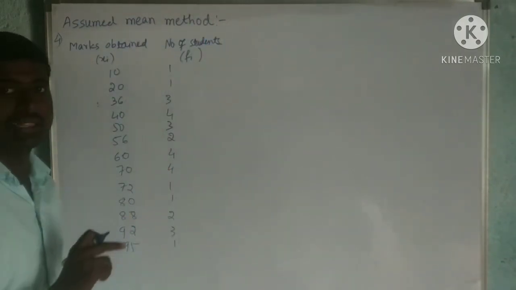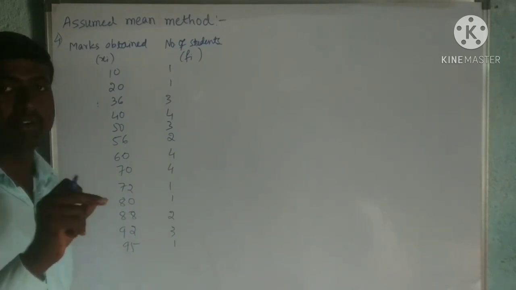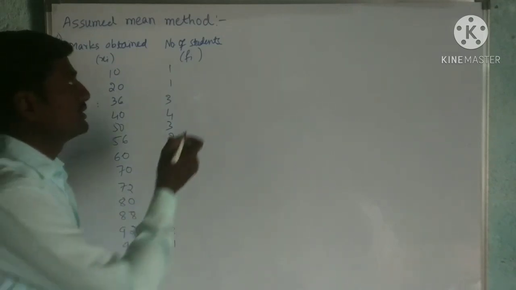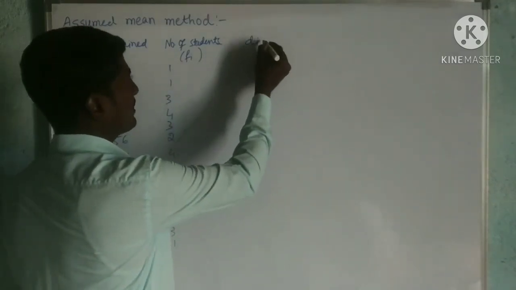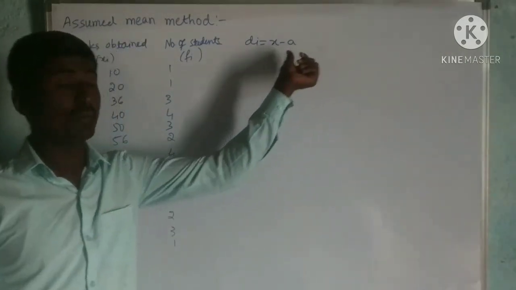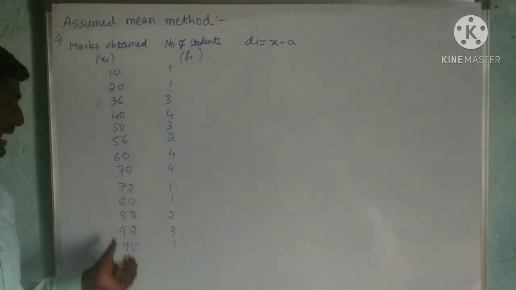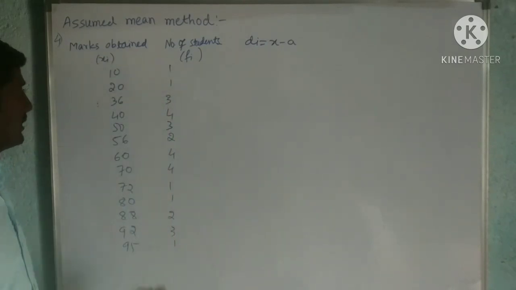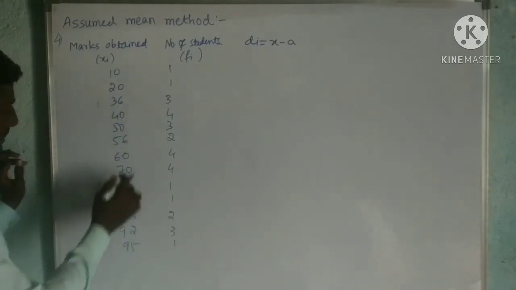We know the formula: x bar equals a plus sum of fi di divided by sum of fi. Di I want, and di is xi minus a. So a is nothing but, we have to choose any one value of xi, not fi. Here I will choose any one of these, in the middle.